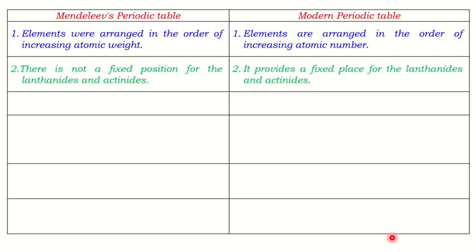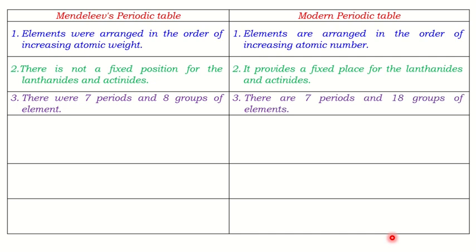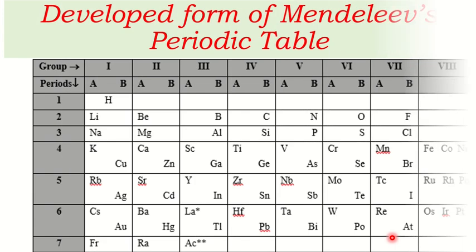Now let's have a look at the table again. Third point, there were 7 periods and 8 groups of elements in the Mendeleev periodic table, but there are 7 periods and 18 groups of elements in the modern periodic table. Let's have the table again. Look at this.